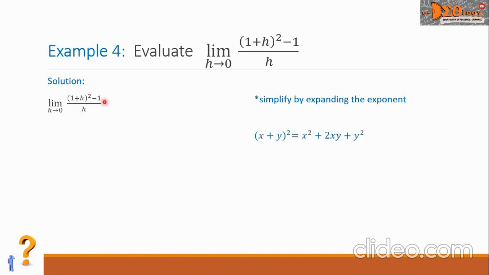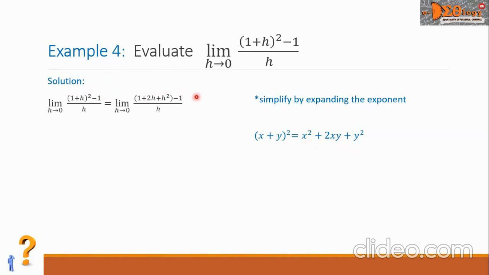So, we're going to simplify first this function by expanding that exponent. Please remember that we have this special product formula. We will apply this rule to expand the 1 plus h, that is quantity squared. So we can expand our function here to be 1 plus 2h plus h squared, and then minus 1 we copy here, all over h.